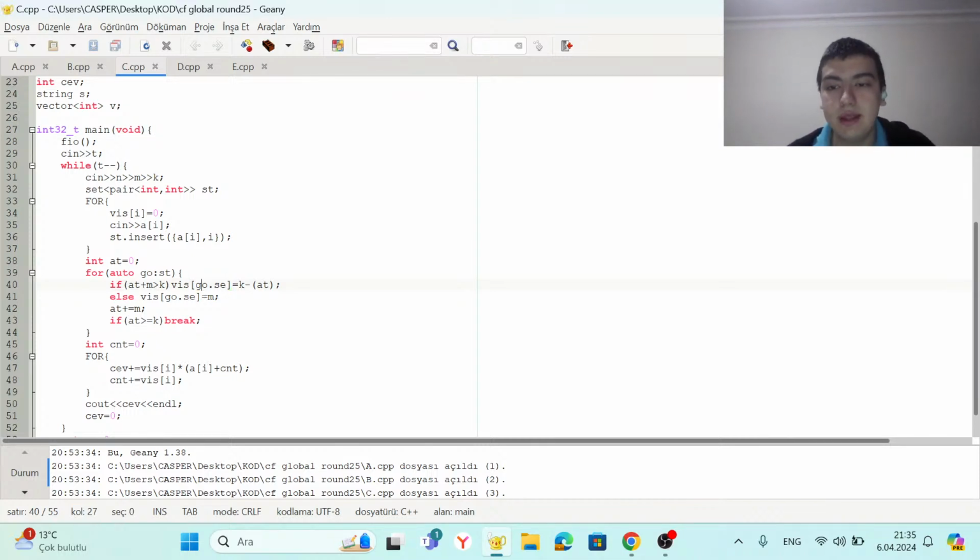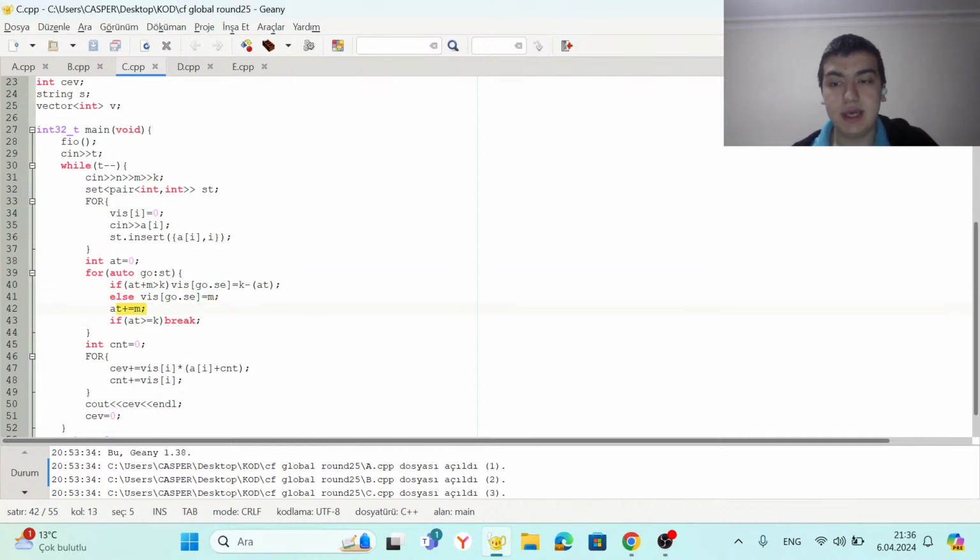So visit at this element, the second of the set which gives the index of the element in the array, equals k minus this variable, because only this many tickets remain that I need to buy. Otherwise, I will buy m tickets on this day, because I can buy at most m tickets.